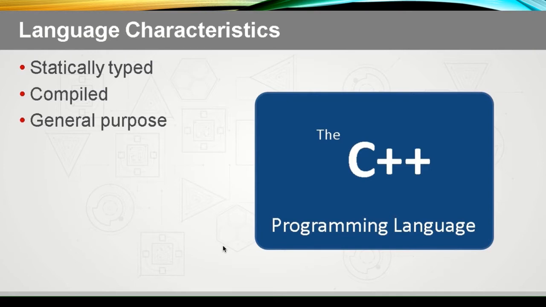It's more due to the connection to the C language historically, and its emphasis on low-cost or zero-cost abstractions. And also note that C++ is case-sensitive. Variable names that spell the same name but have different upper and lower cases are different variables.